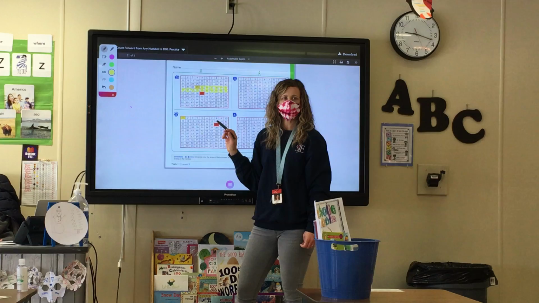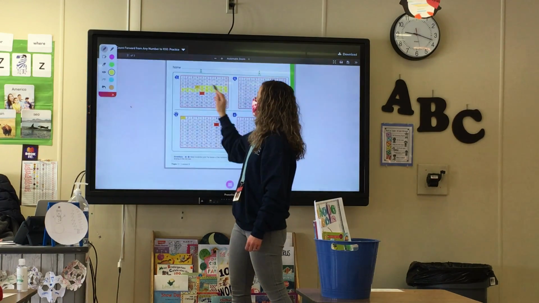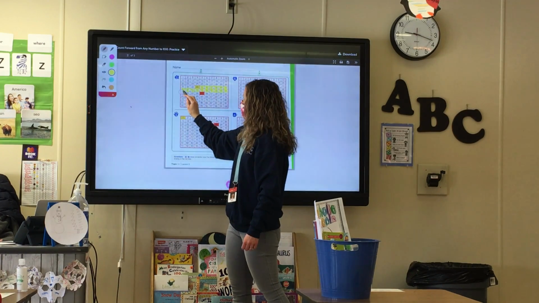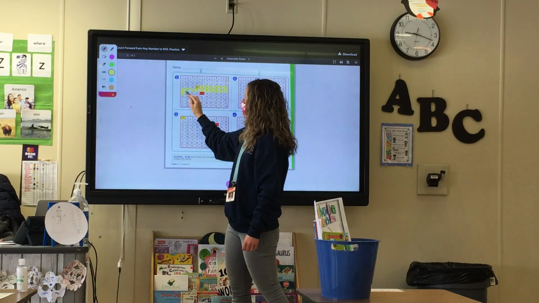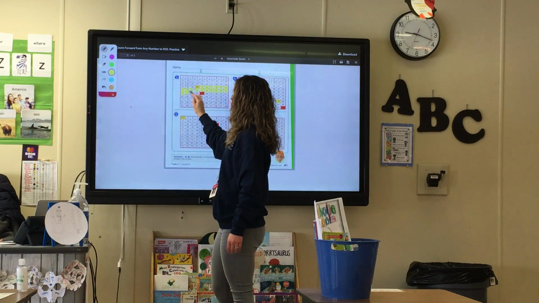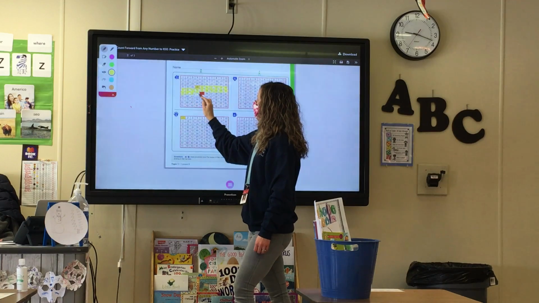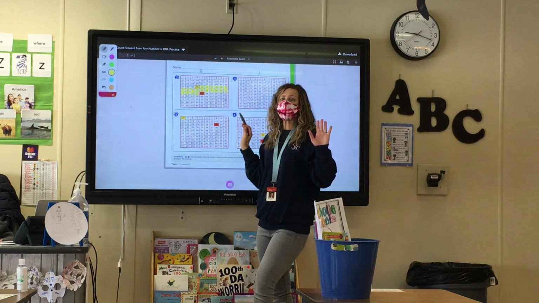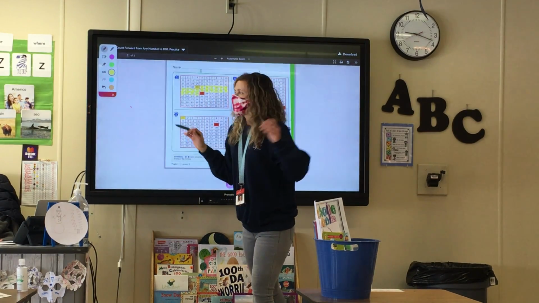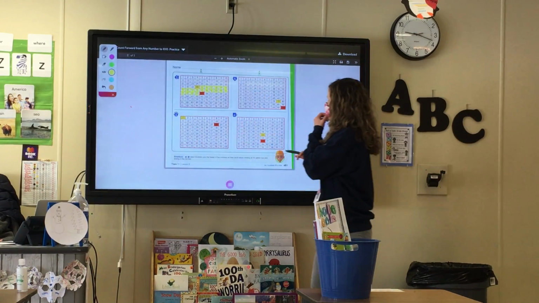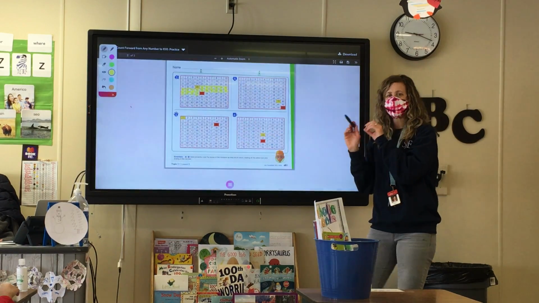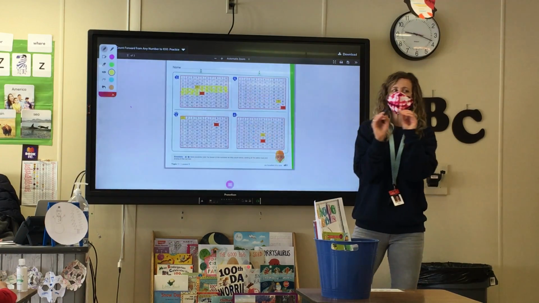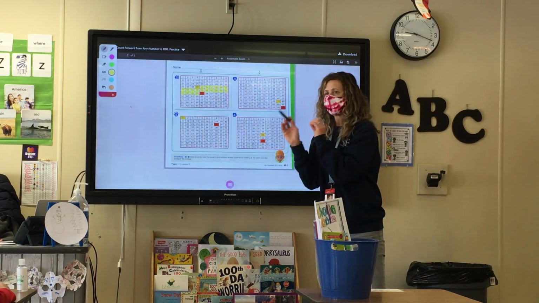Where are we going, Finn? 51. Again, the beginning of the next row. Here we go. 51, 52, 53, 54, and stop on 55. Very good. All right. Are you guys getting it? Again, always stay in that same row, and then go down to the next one.